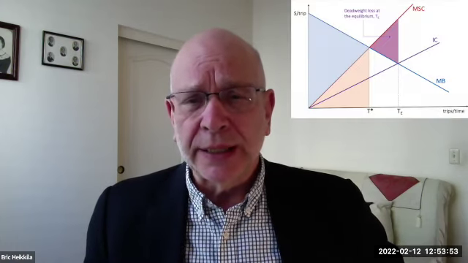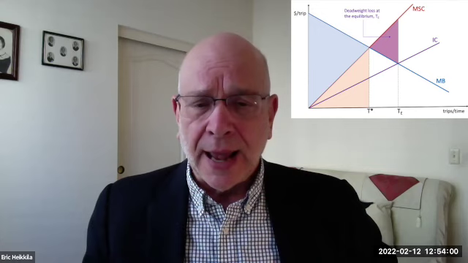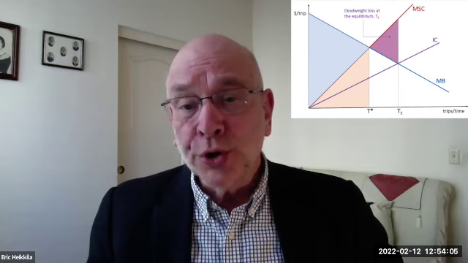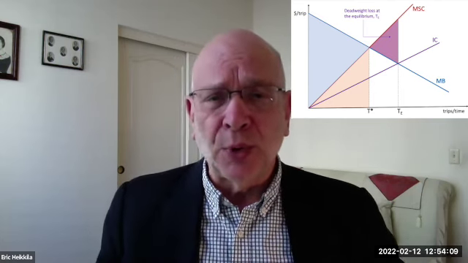But that's the optimum. Recall that the equilibrium is different. The equilibrium is at TE, E for equilibrium. And as we can see represented here, there is a dead weight loss at the equilibrium, because as you move from T star to TE, there are more trips than would be indicated at the optimum point, and there's actually a loss of net benefit.